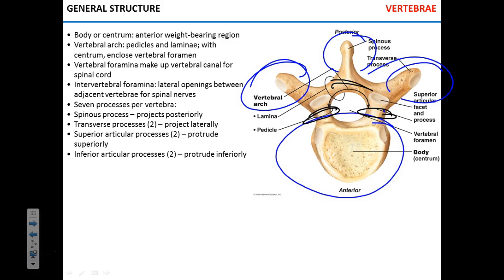Nerves, yeah, those are spinal nerves. So those spinal nerves leave the spinal cord through the intervertebral foramina. Okay? Those intervertebral foramina where the spinal nerves leave the vertebral column. Does that make sense so far? Awesome.